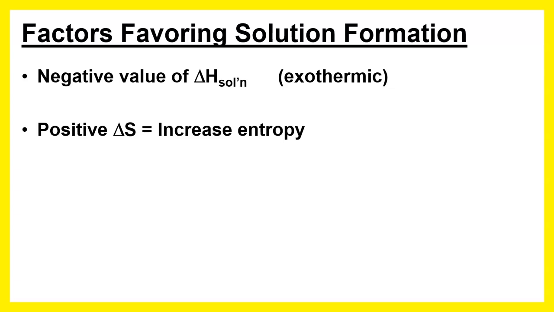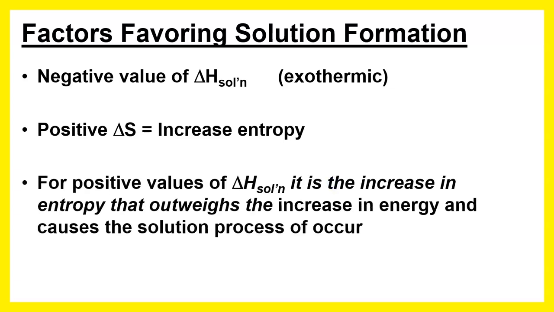If your delta H of solution is positive, you got to look at the entropy and then maybe it'll still occur. So the solutions chapter can be a sneaky way to bring back your Gibbs free energy calculations, right? Remember, we always talked about how thermodynamics and equilibrium always get sucked back into things. Well, it's going to probably happen here too.